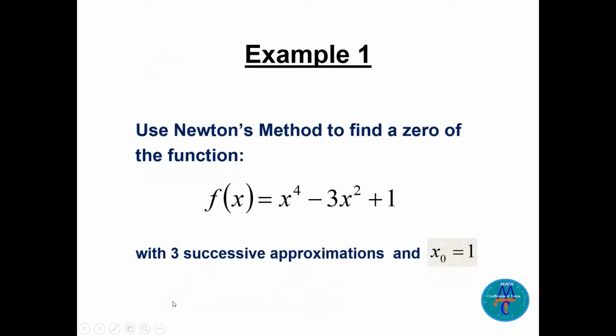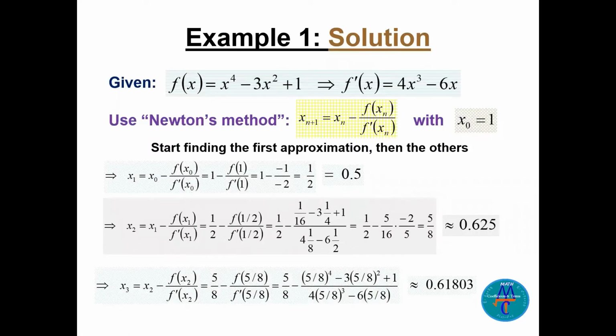Let's look at a simple example first. Use Newton's method to find the zero of this function with 3 successive approximations, and x sub 0 is equal to 1. So we start with initial guess 1. The only thing we have to do, after we find the derivative, is write the formula for Newton's method. X sub n plus 1 is equal to x sub n minus f of x sub n divided by f prime of x sub n. Now start with initial x sub 0 is equal to 1. So I put 0 for the n.